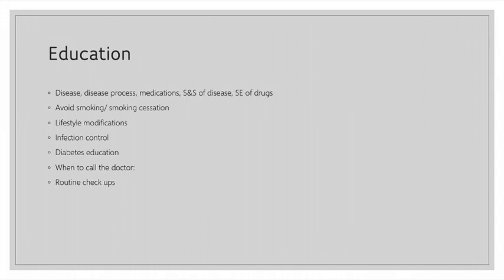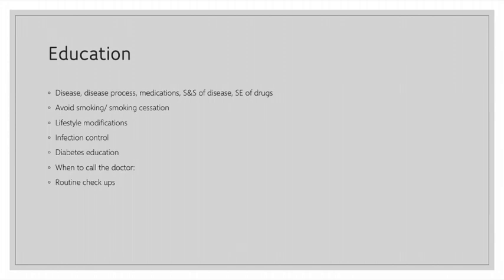Education then, obviously we're going to educate the patient on the disease process, signs and symptoms of the disease, what medications we're going to be giving them, why we're giving them those medications, side effects of medications, if they smoke, advising them to quit smoking to help reduce the irritation and inflammation, and then some lifestyle modifications. So once again, mainly like diet and exercise.